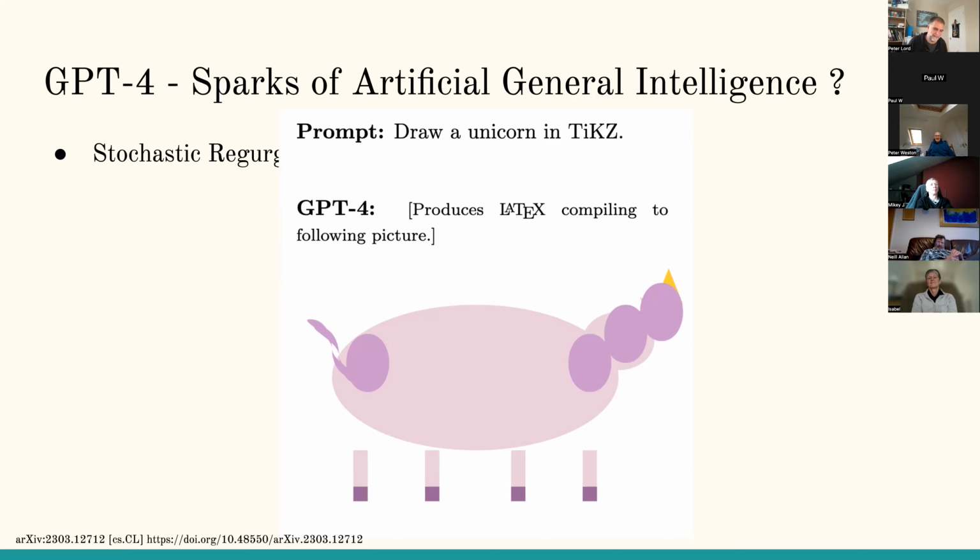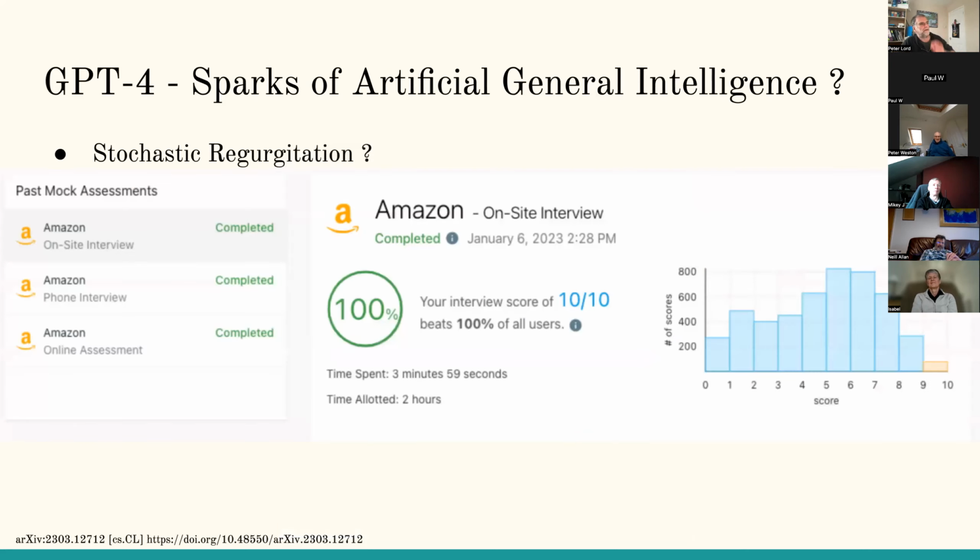So rather than have endless interviews, there's an online interview that Amazon has before you get to speak to a person. And GPT-4 scores 100% to get in to work for Amazon. So according to Amazon's online interview questions, GPT-4 is the perfect candidate to go and work for them.